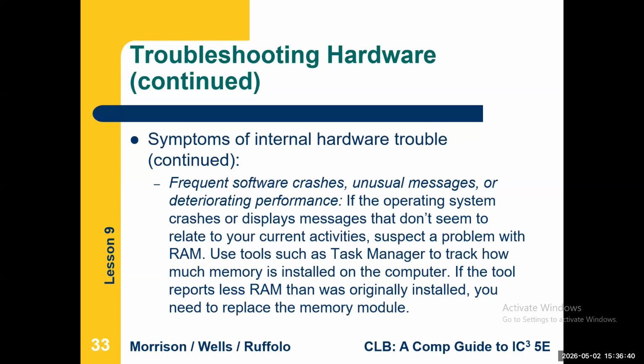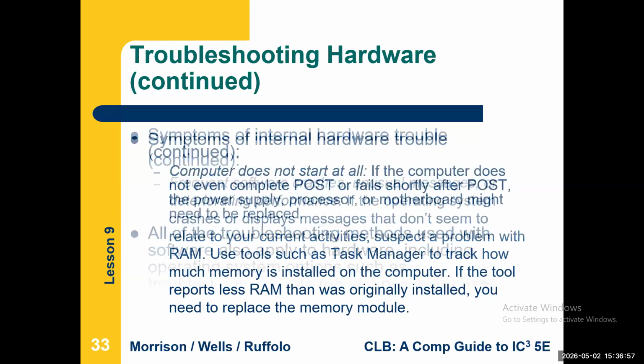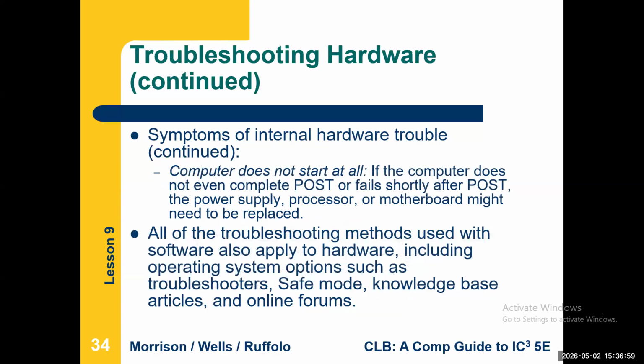Insufficient memory can cause frequent crashes, because your software doesn't have enough memory to be able to run. So if that's the case, quickly get enough memory and install it, and then you'll be fine.